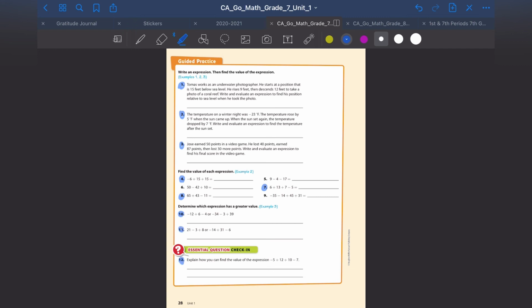Okay, so for 10 and 11, you have to determine which expression has greater value. So you're going to use your comparison symbols, and that's how you determine which expression has greater value. Or you could just tell me this expression has greater value based on, of course, you have to solve for it first. And then I'll see you again Monday.